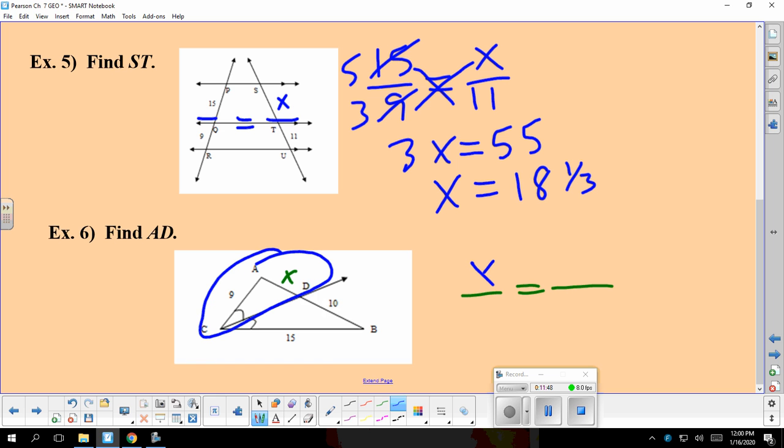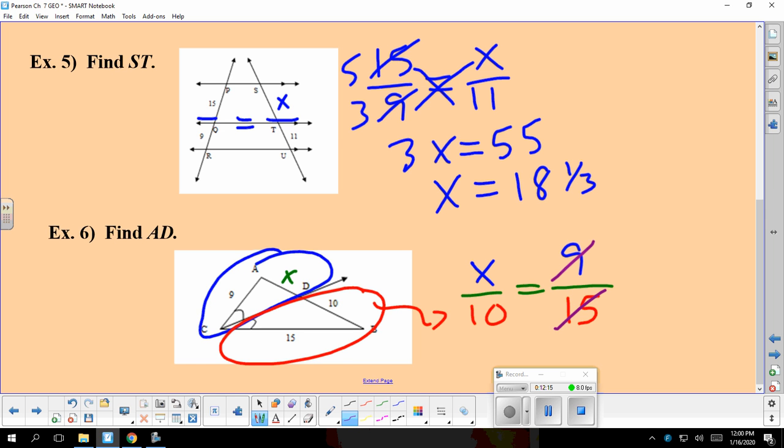I'm going to put my X and my 9 on top. Which one goes with the X? So this triangle both on bottom. What goes with the X is the 10. What goes with the 9? The 15. Simplify and then cross multiply.